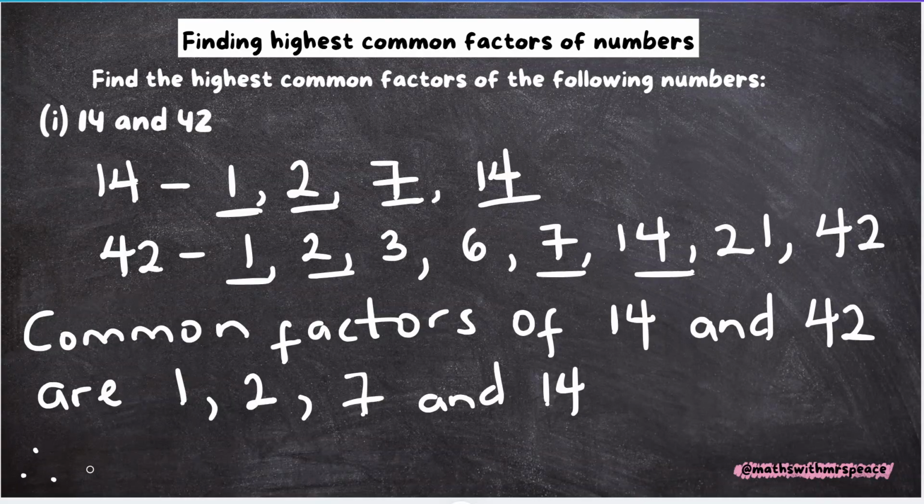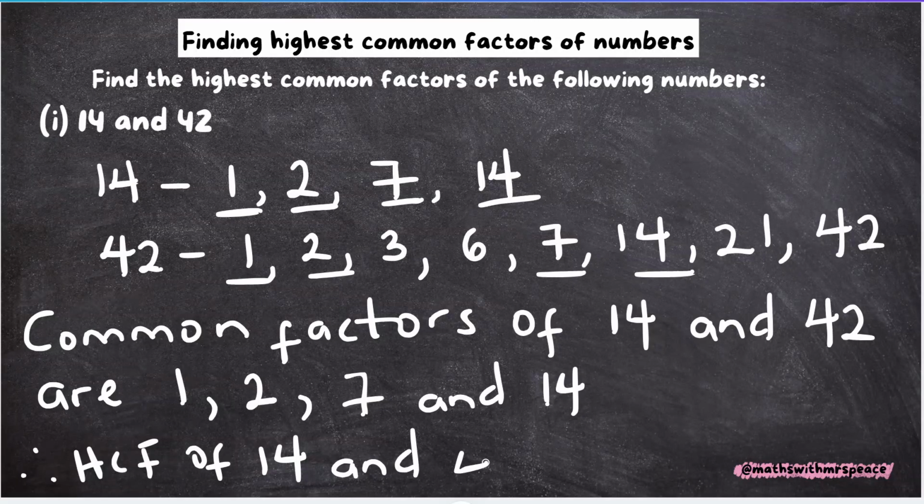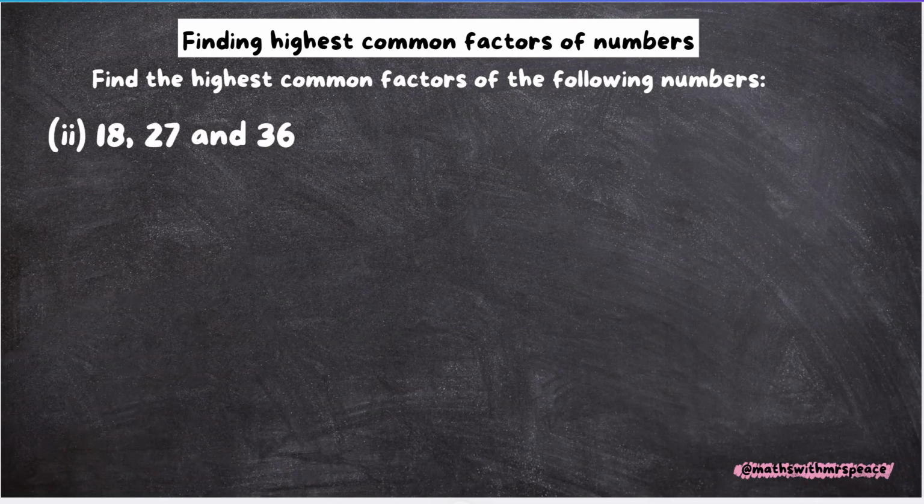So therefore, the HCF of 14 and 42 will be equals to 14. So that's it for this example. And we'll take one last example on highest common factor.